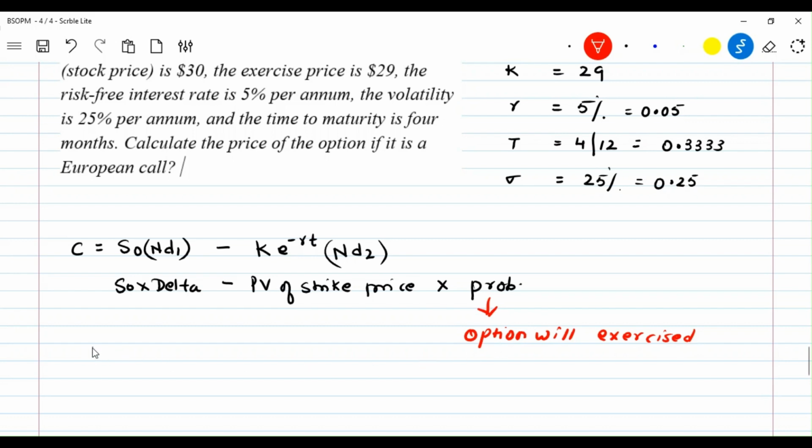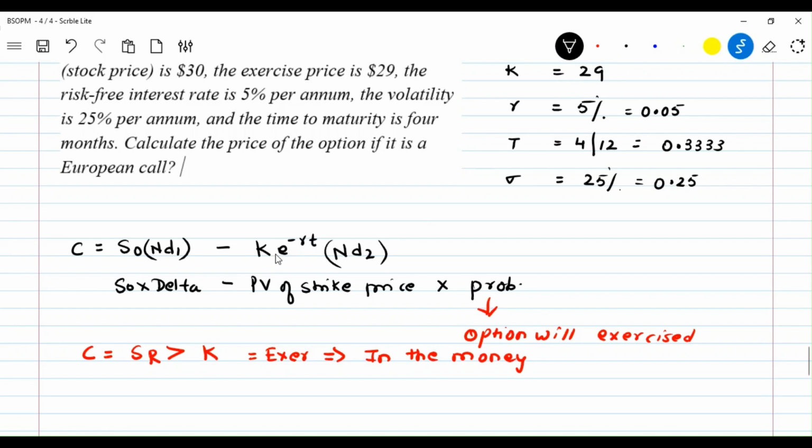If it is a call option and there are two comparables, spot rate with respect to the strike price, we know that whenever the spot rate is above the strike, only then will it be exercised, and this can also be named as in the money, in terms of moneyness. So we understood both: ND1 stands for the delta, and ND2 calculates the probability that the option will be exercised.